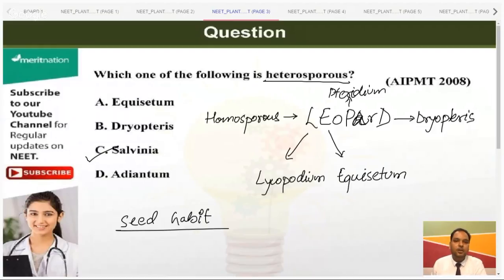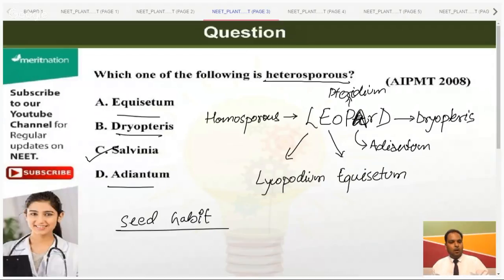These four you consider as homosporous, and the rest of them will be heterosporous. In this case, among Equisetum, Dryopteris, and Adiantum, the one which is not there is Salvinia. I missed a hair, you can write Adiantum here. Great, great.